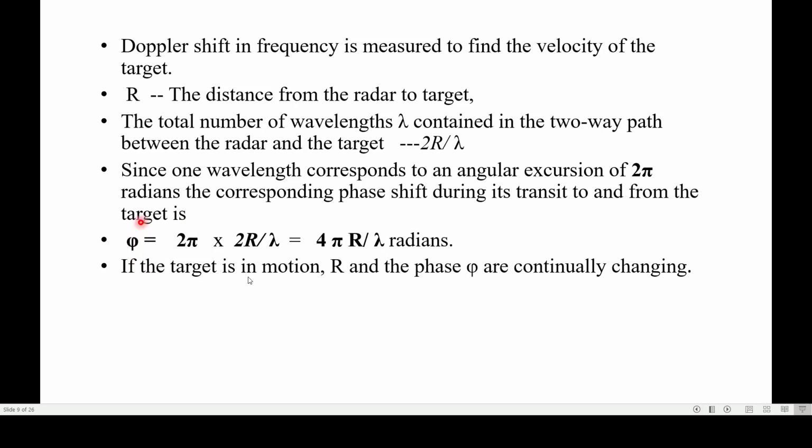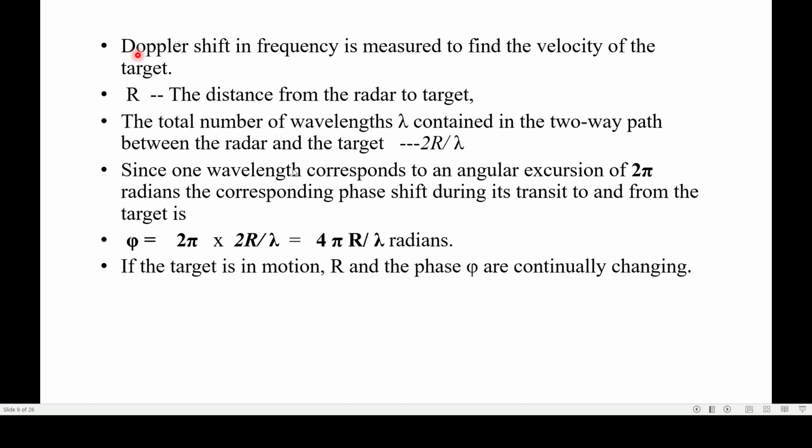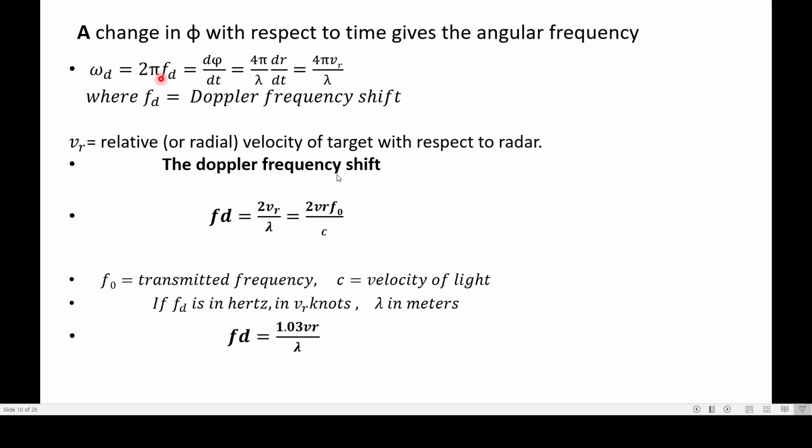If the target is in motion, R and the phase are continually changing, then we can find the angular frequency omega d equal to 2 pi fd equal to d phi by dt, which is equal to 4 pi by lambda into dR by dt, that is 4 pi Vr by lambda. By equating these, we can calculate the Doppler frequency shift.